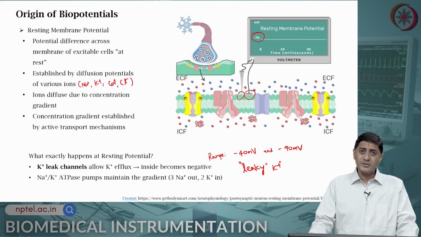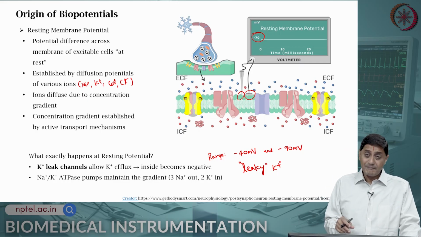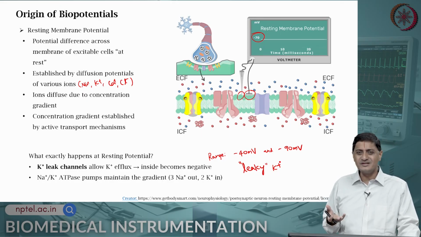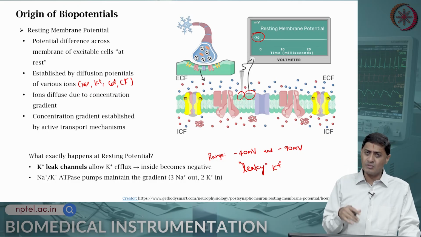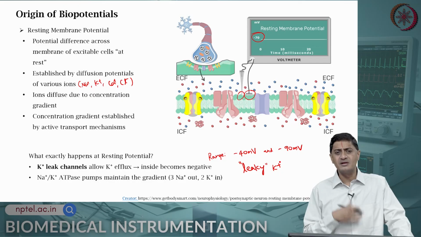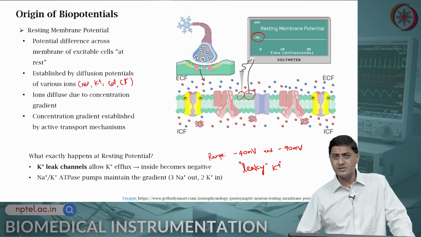They allow potassium to go outside, so the inside becomes a tad bit more negative, but then the sodium potassium ATPase keeps on pumping potassium inside. Why do this? It is inefficient. There are biochemical reasons why. So, the sodium potassium pump maintains the gradient through its active transport mechanism.